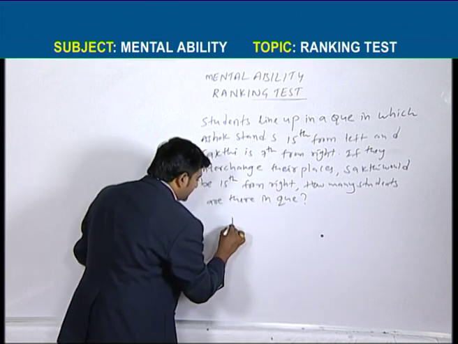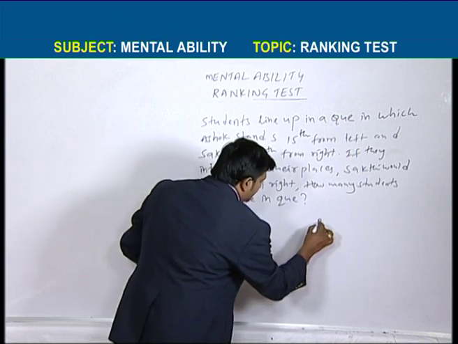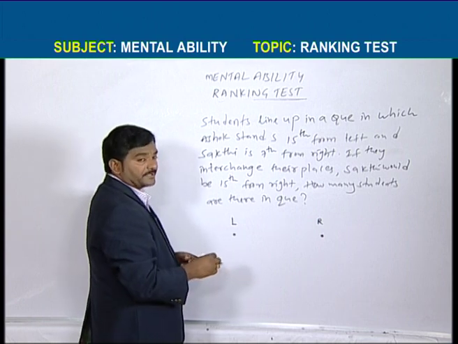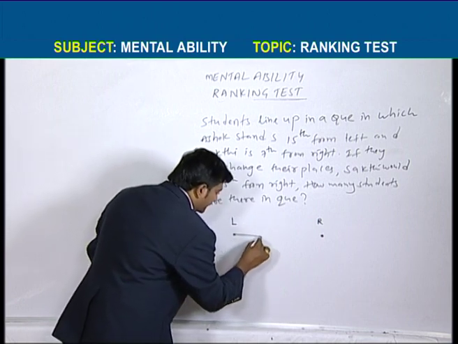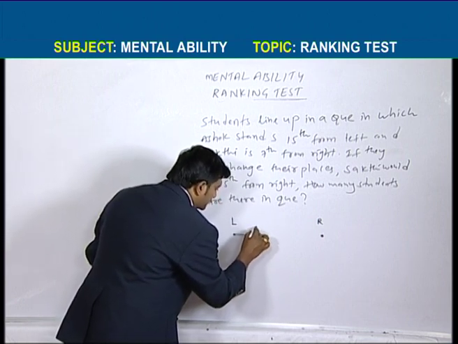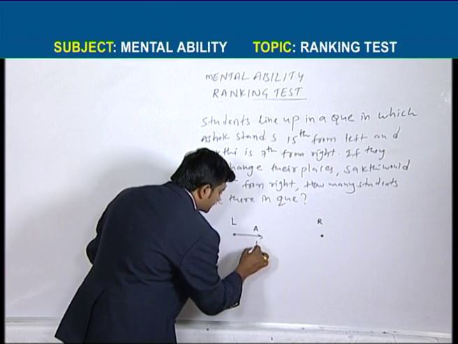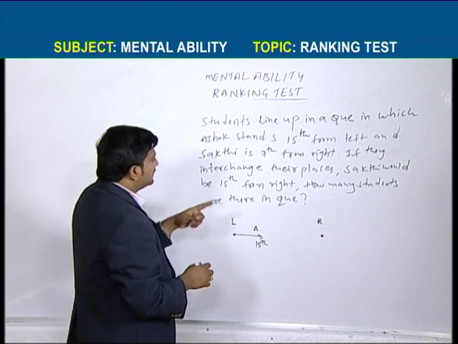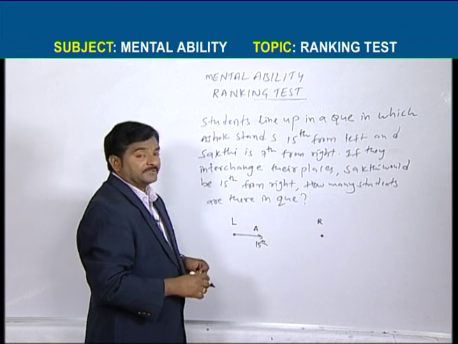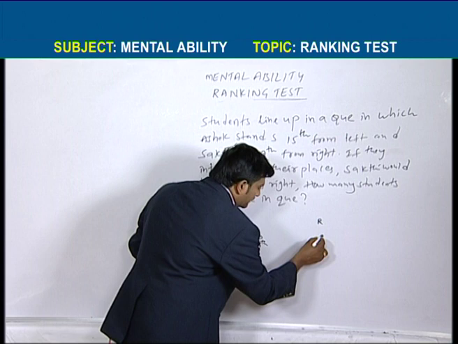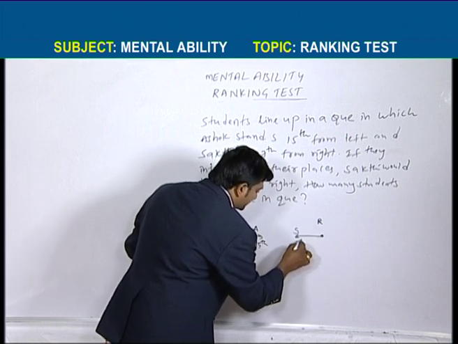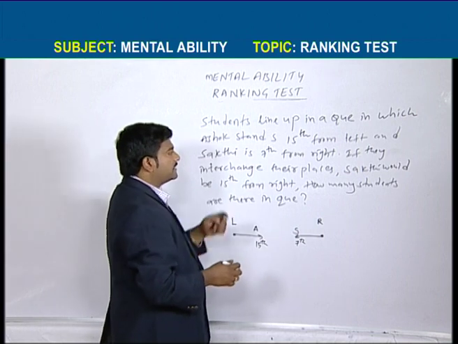Ashok is here. The position of Ashok is 15th from the left. And Shakti is 7th from the right.